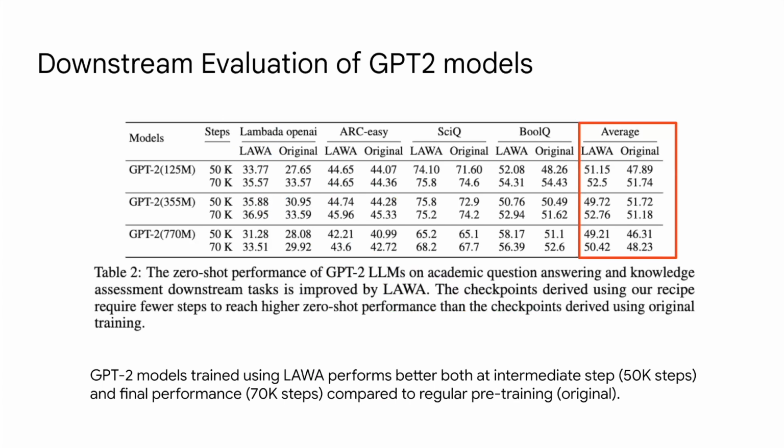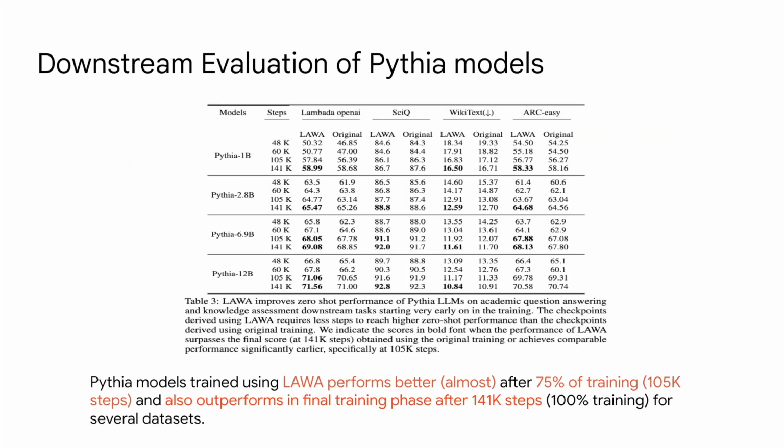Okay. So this is the downstream evaluation of the Pythia LLMs, billion-size LLMs. We see that for 1B and 2B, we clearly have an advantage over many different final downstream accuracies, as marked in bold.